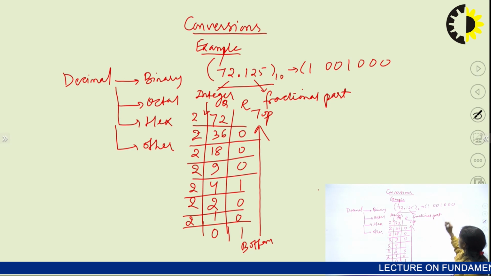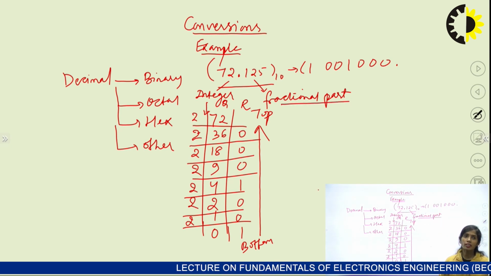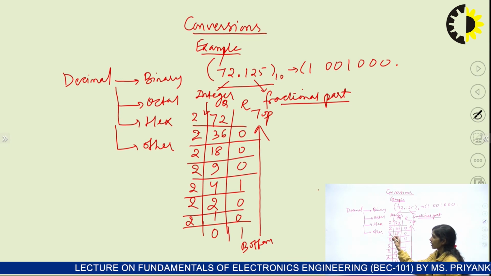This is the equivalent binary number of the decimal integer. Now the next method: how to convert the fractional part into a binary number or any other base system. As I told you, the integer part will be divided by the base.